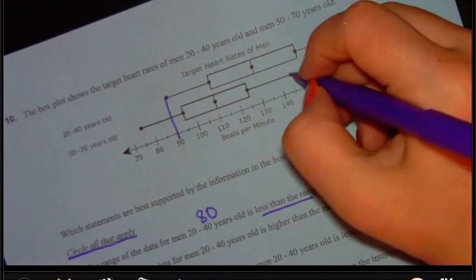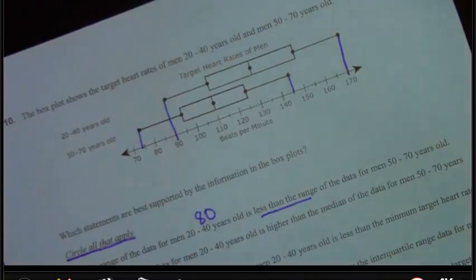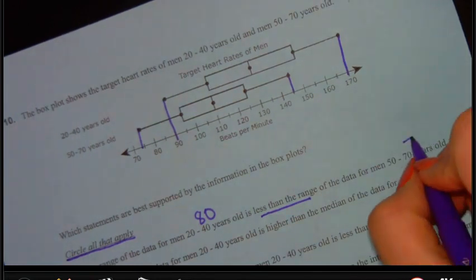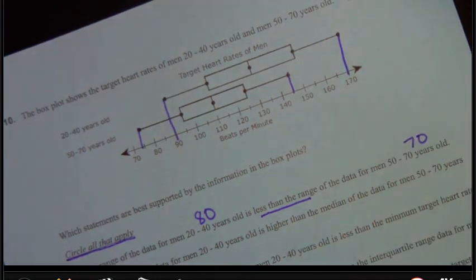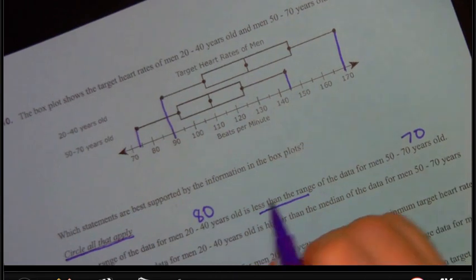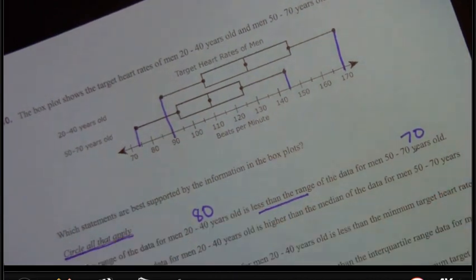And I'm going to do the same thing here, 75 and 145. So 145 minus 75 is 70. All right. So 80 is less than 70, which is not true.